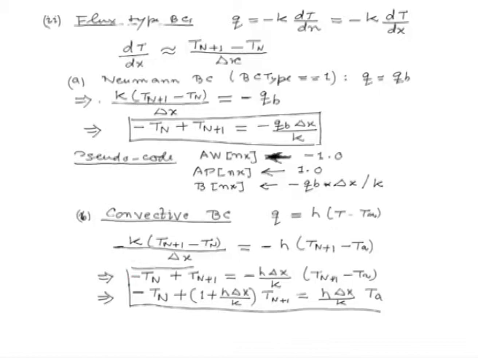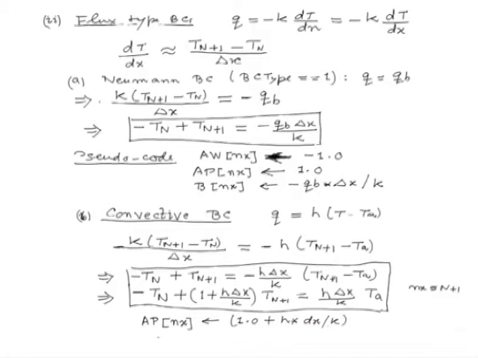Compare this expression with our standard discrete equation for this node, and we can say what we need to modify. That is AP of Nx. Remember this Nx we have introduced as a shorthand notation for index n plus 1. So AP Nx should be assigned a value 1.0 plus h into dx divided by k.